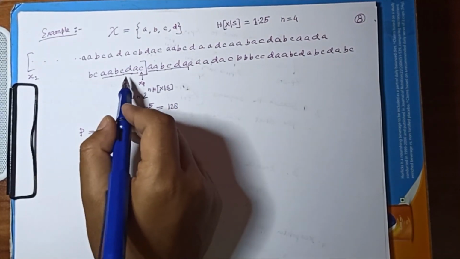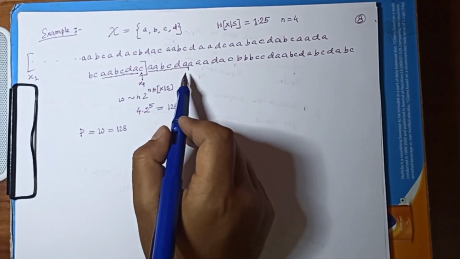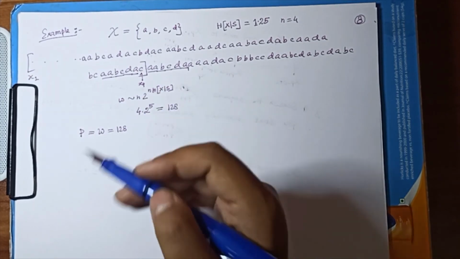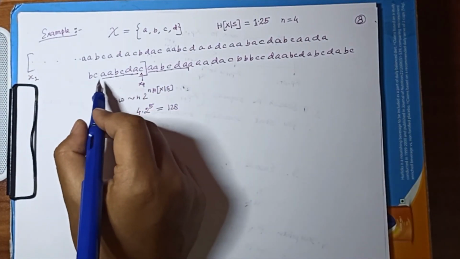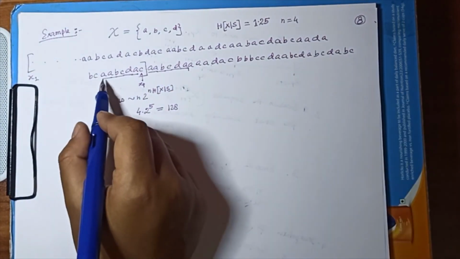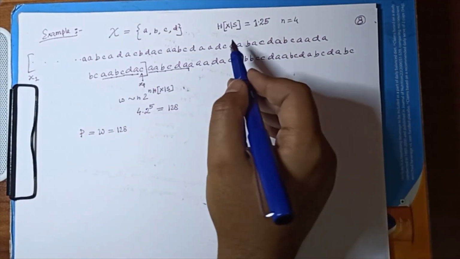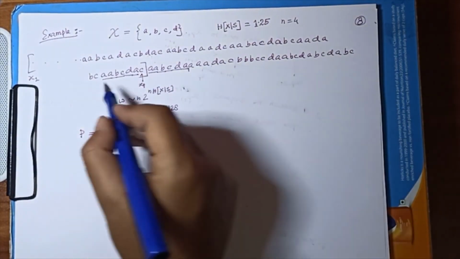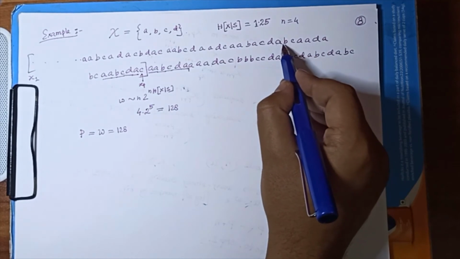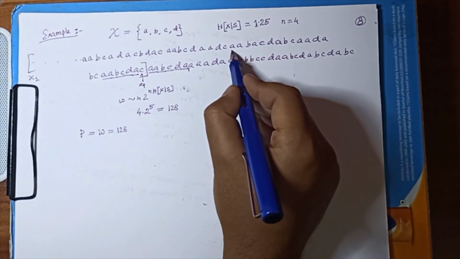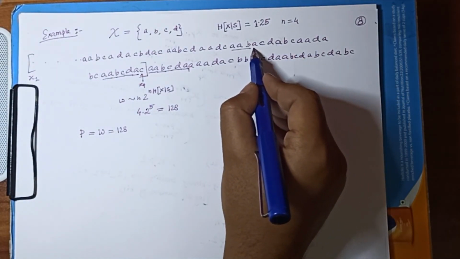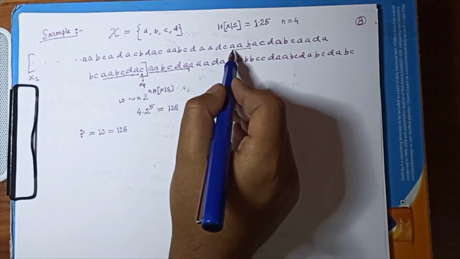Okay, you can go behind, and check for bigger n, to see whether you are getting any bigger match prior to this. So AAB here you are getting, but it is not followed by C, so this will not work.